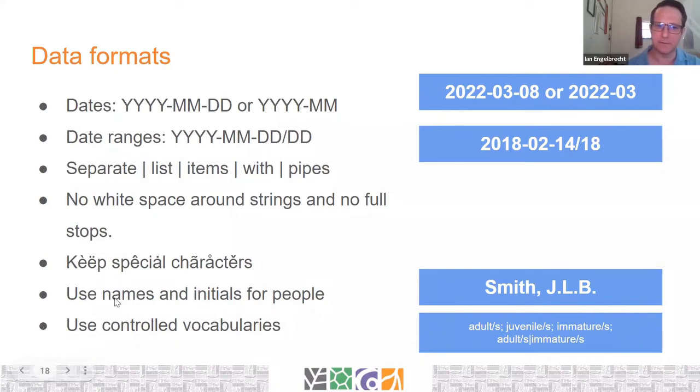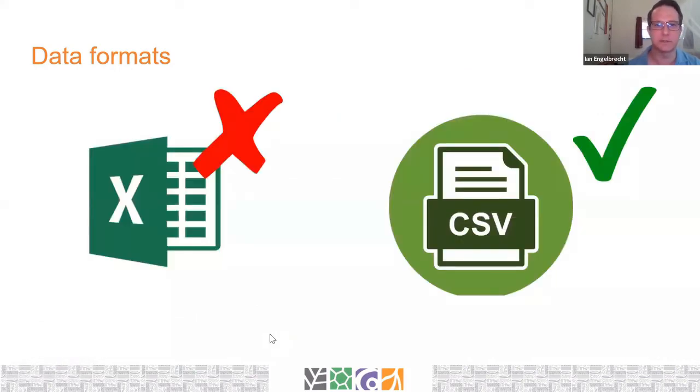We've got a standard format for how collectors and identifiers should be indicated: the surname first with a comma, and then the initials separated by full stops. And then obviously we want people to start using controlled vocabularies. So TDWG is developing controlled vocabularies. The examples on that Darwin Core page that I showed you often have those controlled vocabularies that you can use for particular kinds of fields.